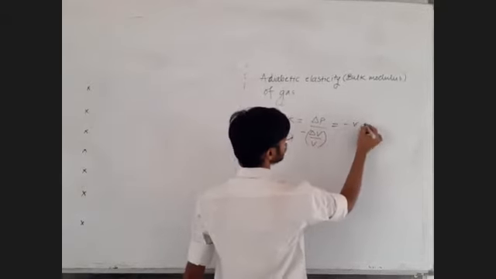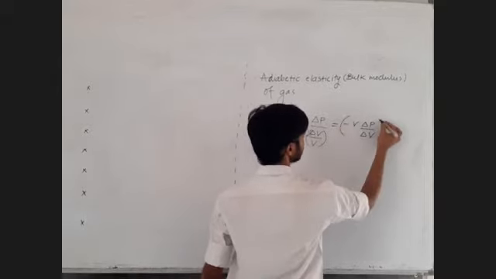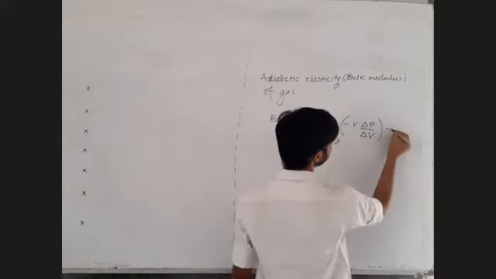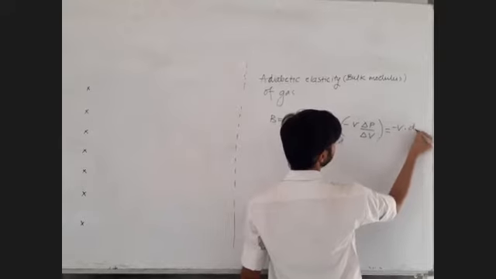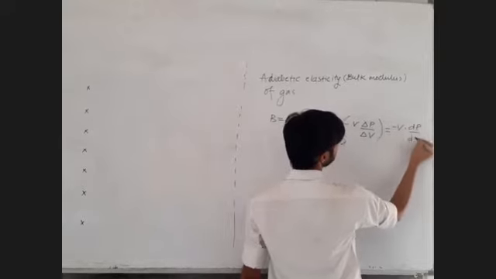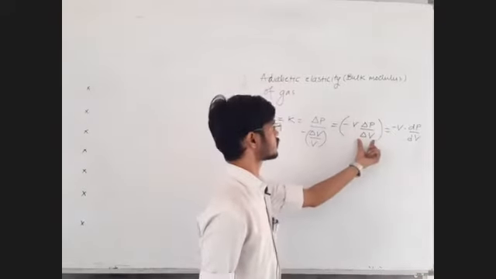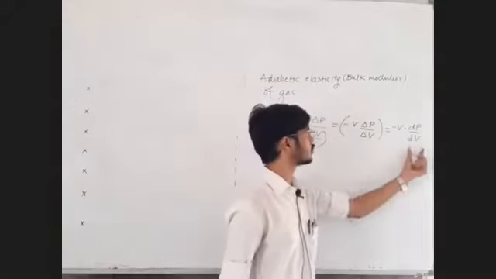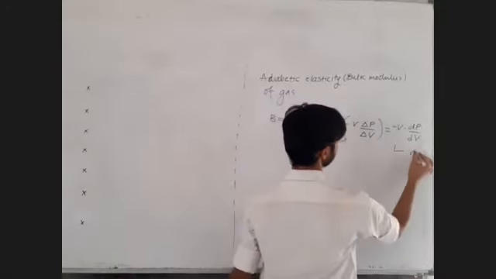So minus V delta P upon delta V. But sir, this will give you the average value of the bulk modulus, and if you want instantaneous bulk modulus, then you should do this derivative. A very small change in pressure, small change in volume, instead of overall change in pressure upon overall change in volume, which will give you average bulk modulus, and this will give you instantaneous bulk modulus. Okay, sir. So call this equation number 1.